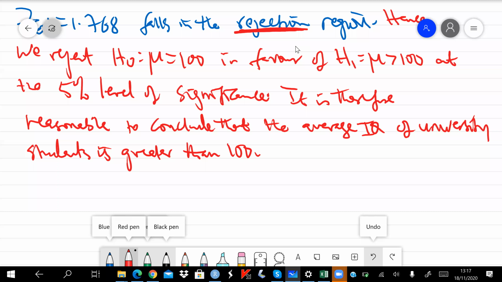So there is evidence to support the claim that the average IQ of university students is greater than 100. So basically, that's how you test hypothesis for one sample mean.